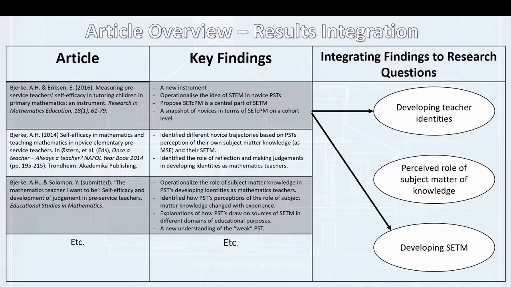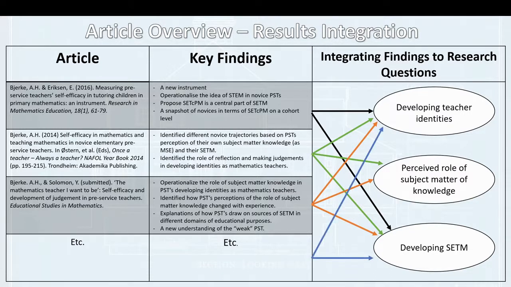And a good way to do this is to summarize it and visualize our articles and the key findings of each article as such in relation to overarching research questions that we have for our PhD. And then we can point out how each article ends up linking to answer these different research questions. And by doing this, it's going to end up informing our discussion.